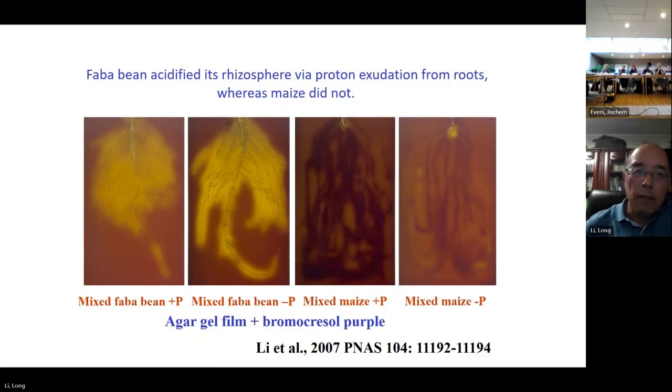As all of us know, rhizosphere acidification can mobilize insoluble phosphorus. So that explained why faba bean can use insoluble phosphorus, but maize cannot.